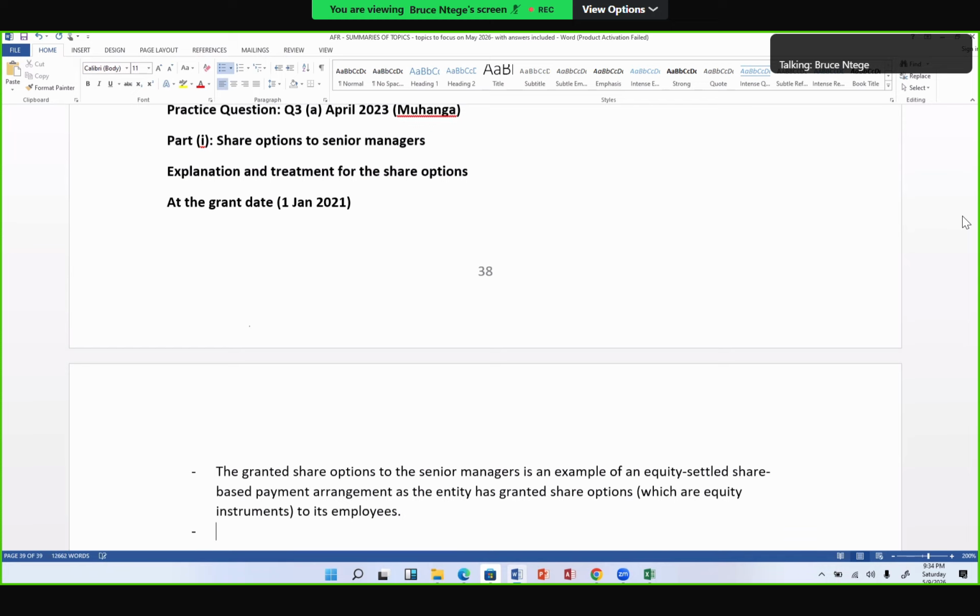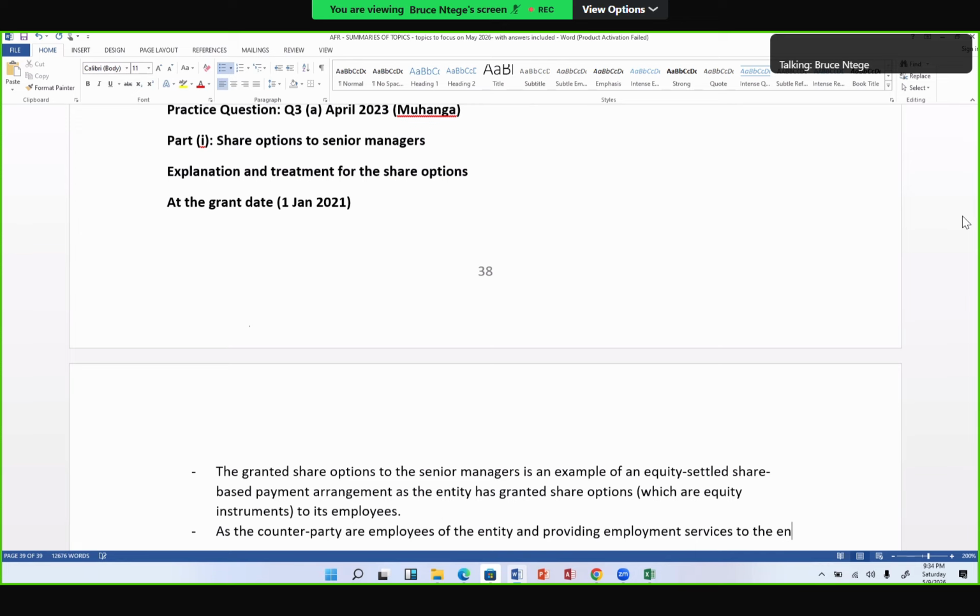And then you are saying that as the counterparties are employees of the entity and providing employment services to the entity, then we shall apply the indirect measurement method in accordance with IFRS 2 to measure and account for the share options.